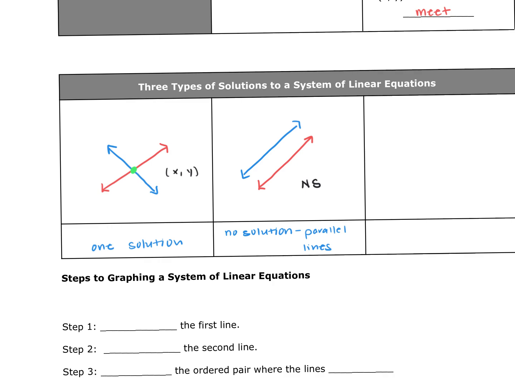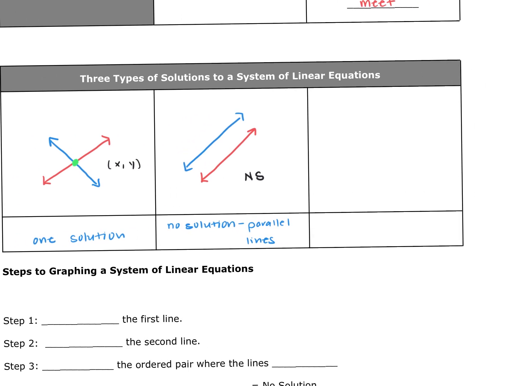And then you have infinitely many solutions. And that's if it makes one line. So let's say you graph your first line, and it looks like this.